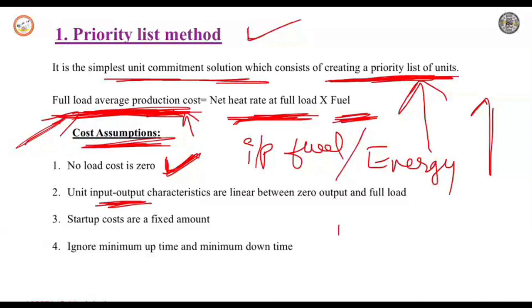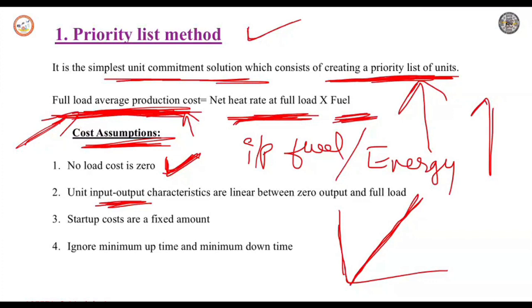So the curve between input and output should be linear like this. And the startup costs are a fixed amount. The startup cost of any considered unit should be considered as a fixed amount.